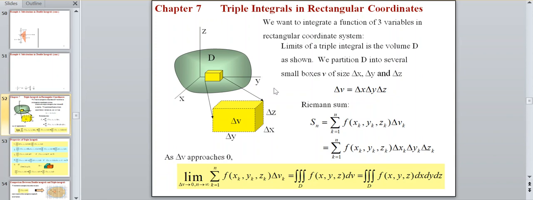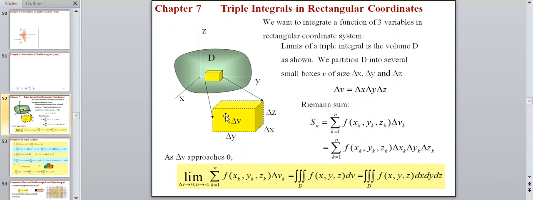Just like double integral, to define the integral for f, we partition this region D by some lines parallel to the x-axis, y-axis, and z-axis. When we partition this region D, inside the region D, you will see a finite number of small boxes, something like this. You can see here.